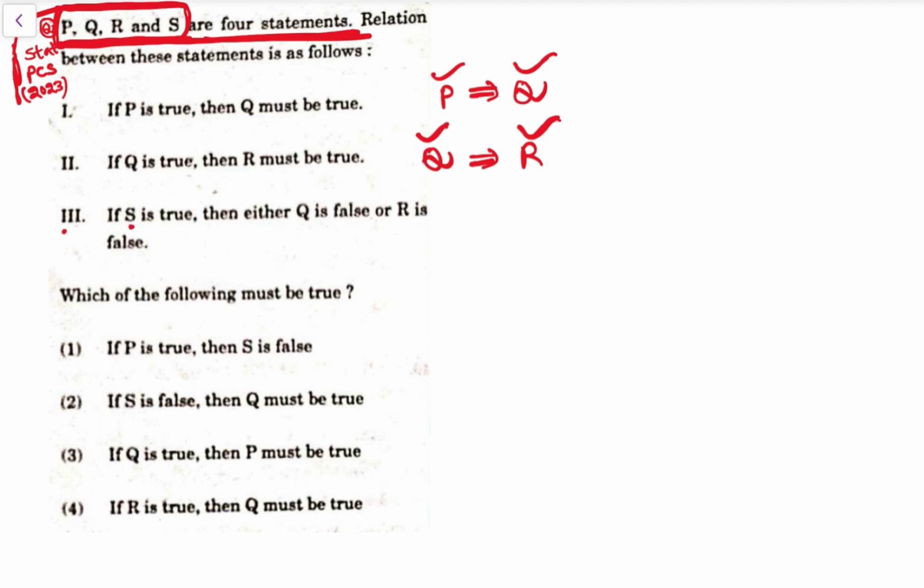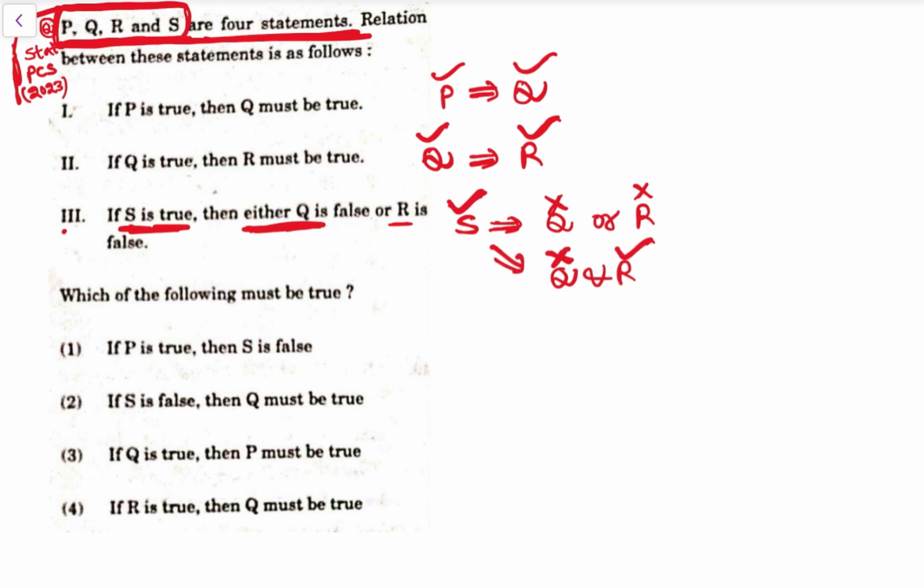Then third statement, if S is true, then either Q is false or R is false. So if S is true, ठीक है, Q is false or R is false, ऐसा भी हो सकता है. If S is true, that means Q false and R true, ये भी तो हो सकता है. This means if S is true, then Q is false and R can be true.